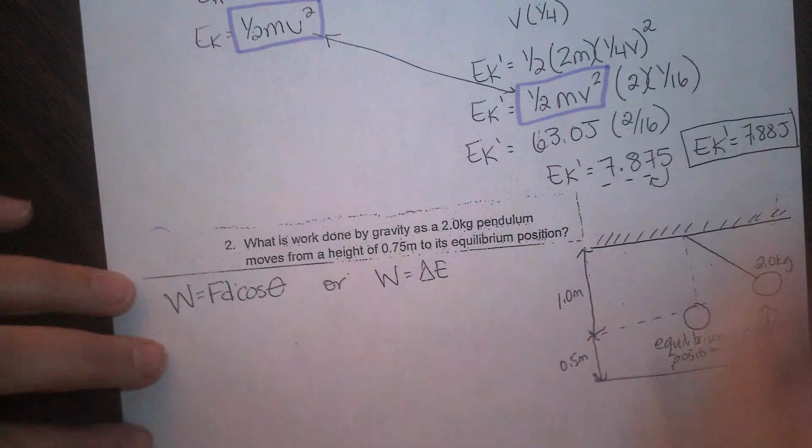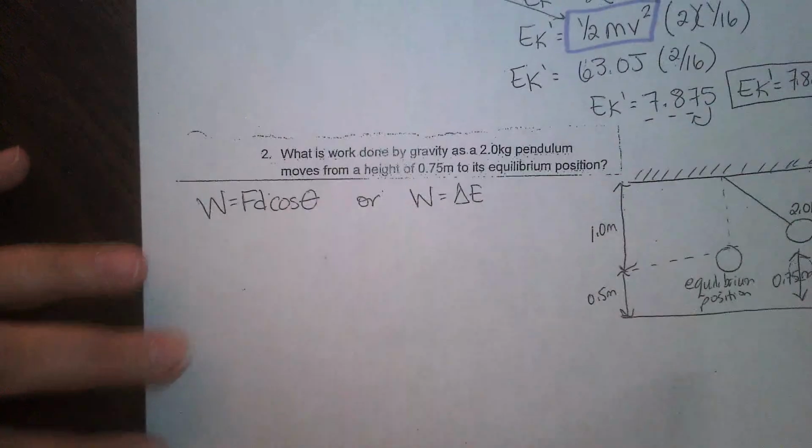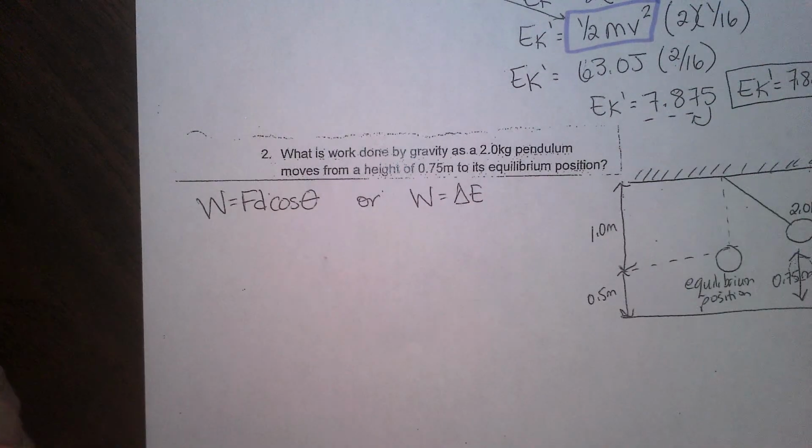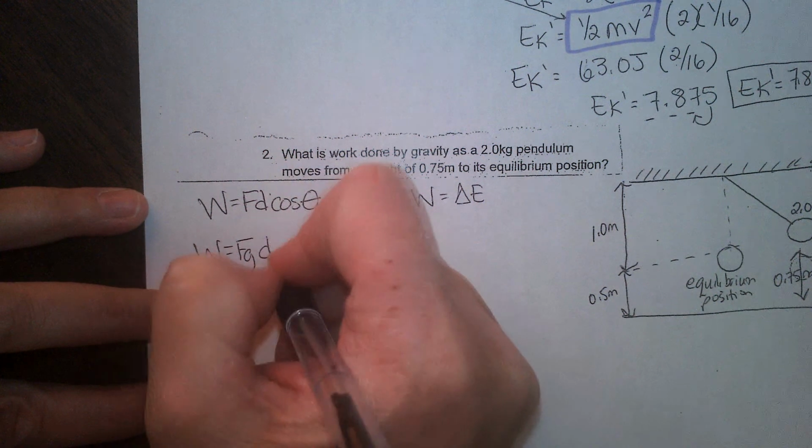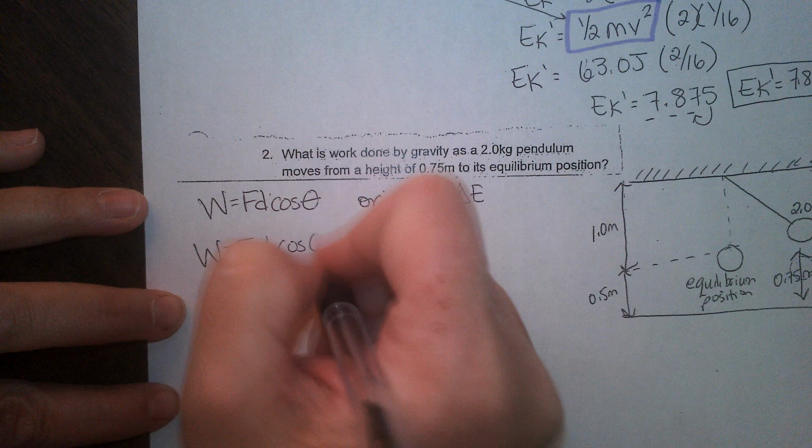If we were to look at the first formula, what would be the force that we would use? We have a ball on the end of a string. What force would we use? Force of gravity. So we would say that work is equal to force gravity times distance times cos theta.